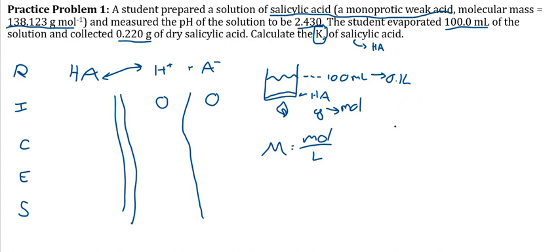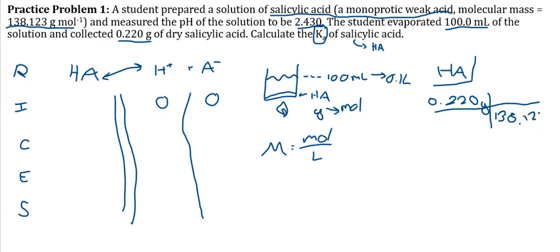Okay, so let's do that. Let's convert grams to moles. I'll do that over here. So we have HA. We have 0.220 grams for every 138.123 grams.